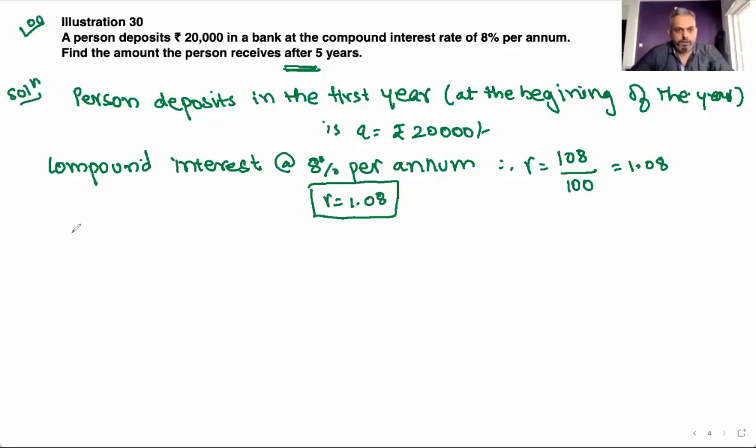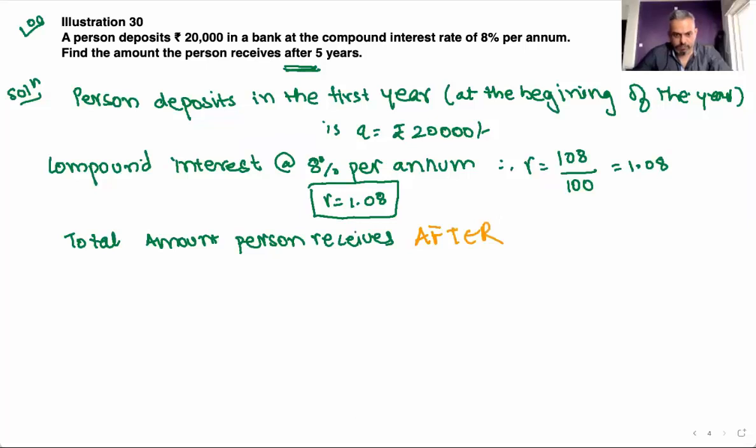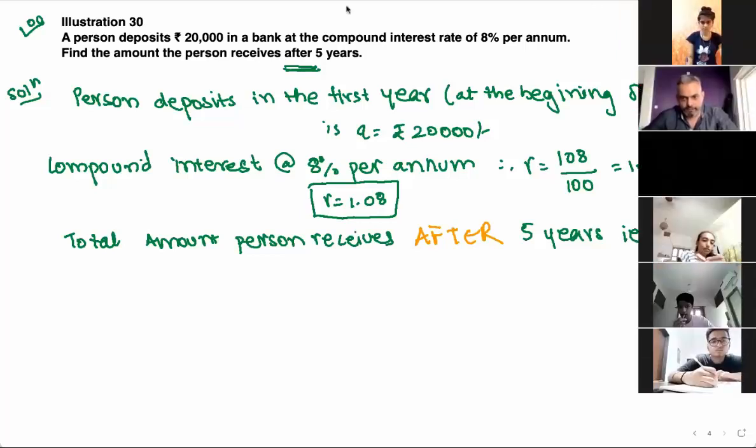Now, total amount person receives after 5 years, that is n is equal to, what will we take for n, 5 or 6? 6.